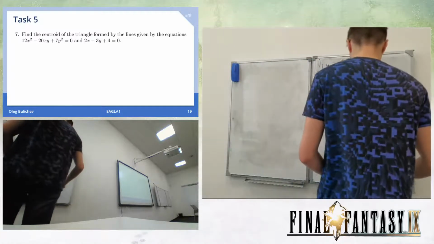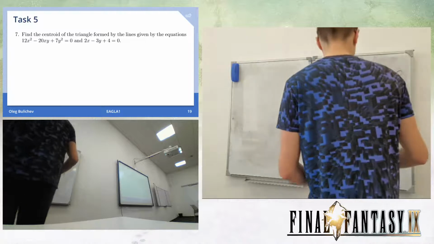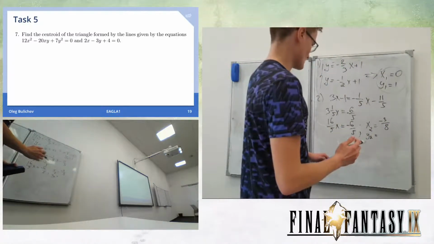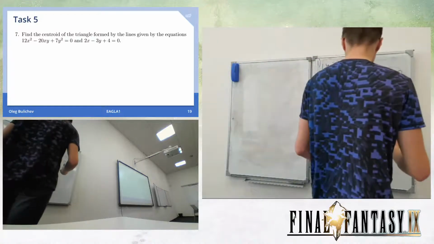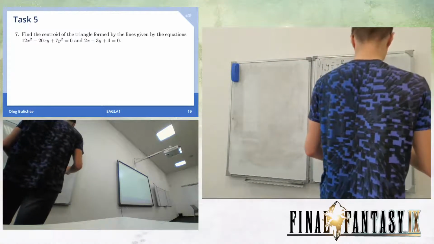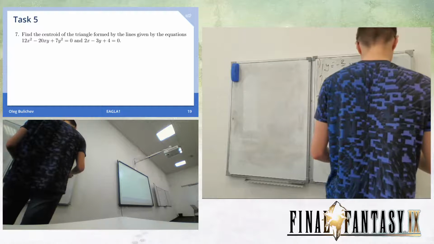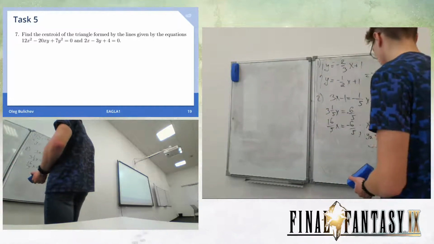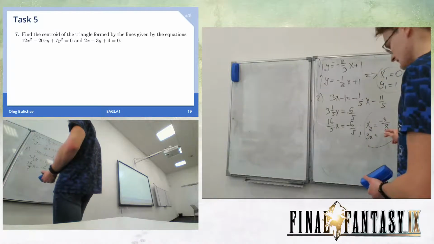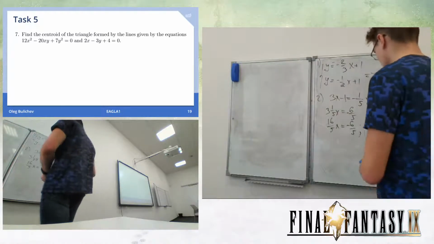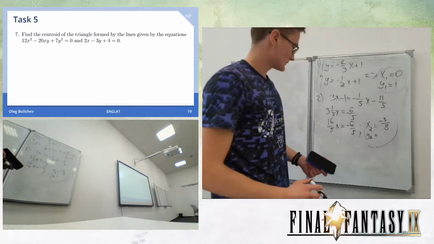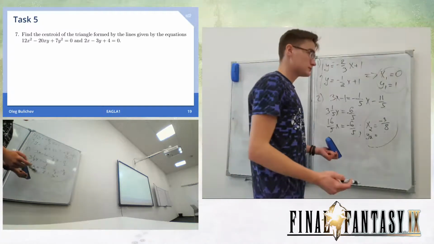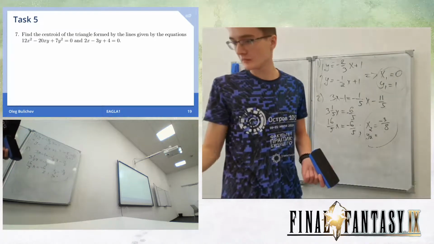Now, first of all, you need to be surprised by this thing called 12x squared and so on. Do you know what it is? Okay, but how to derive it? Do you know? Is it correct? No. X equal to 1, y equal to 2. Y will be equal to 2x.